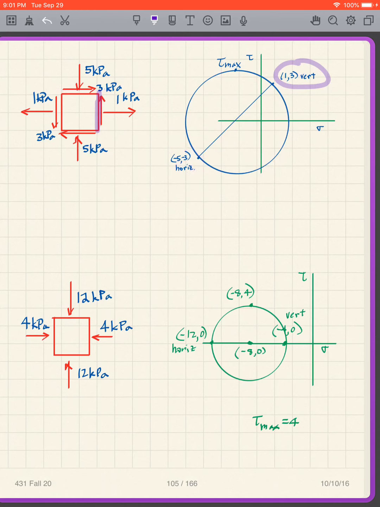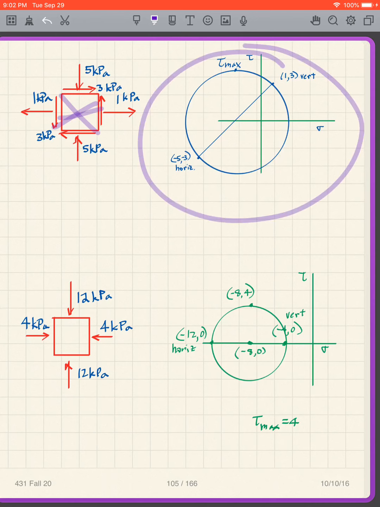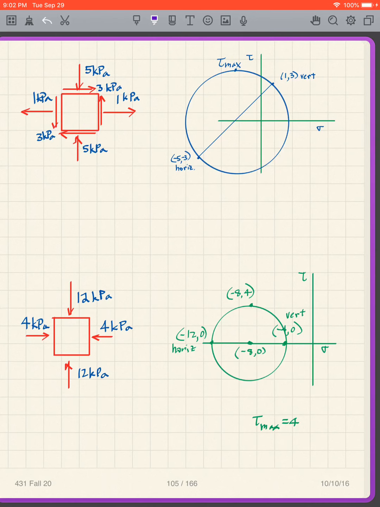So we know the stresses on those planes, but the purpose of drawing the Mohr circle is like, well, what's the stress on that plane? Or what's the stress on a plane here? Or whatever plane we want is going to be represented by the coordinates of the different points on the Mohr circle.